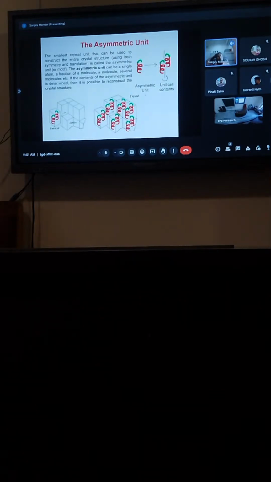So, when you solve the structure, what do you think? You have a crystal. If I go back, I see that this box in a crystal is a lattice. Each lattice has a unit cell and each unit cell has symmetry. In this case, this unit cell has two asymmetric units.